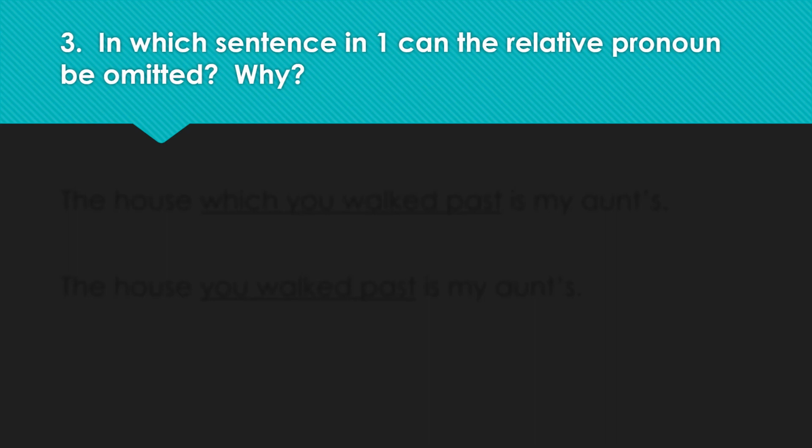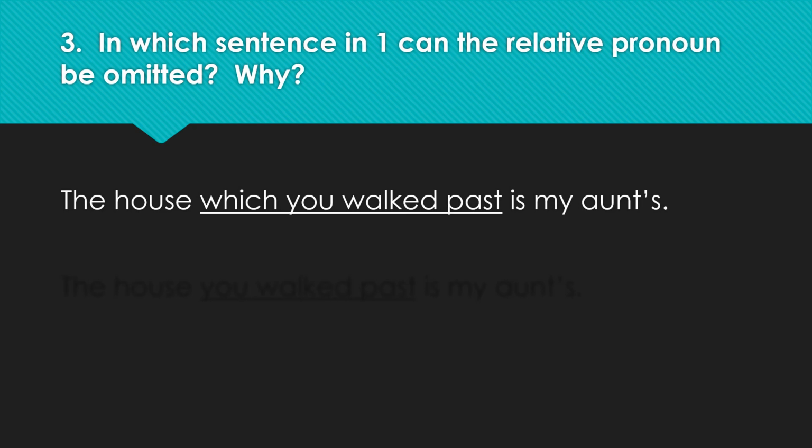3. In which sentence in 1 can the relative pronoun be omitted? So we're looking back at the 4 example sentences from part 1 of this explanation. And the one where we can omit or leave out the relative pronoun is this sentence. The house which you walked past is my aunt's.